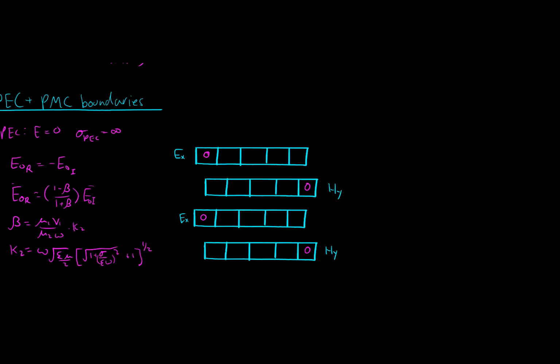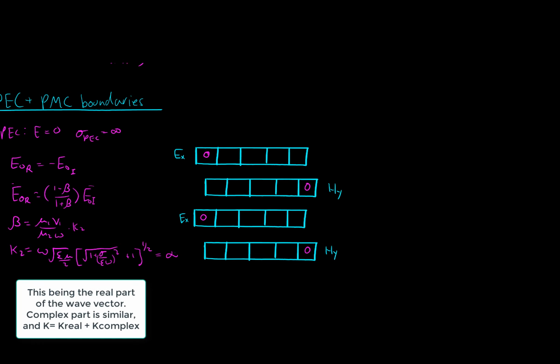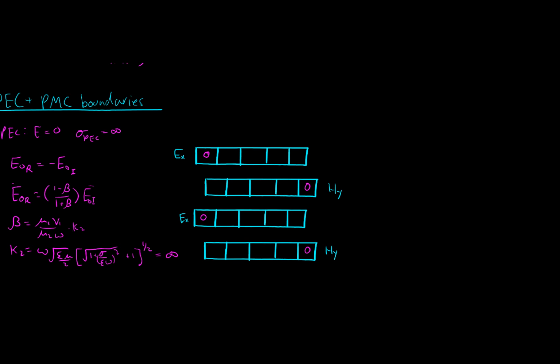Since sigma is infinite, this is going to be equal to infinity. Because k2 is equal to infinity, beta is also equal to infinity. Now, because beta is equal to infinity, you can see that the reflected field is equal to negative of the electric field incident. So now we know how a perfect electric conductor reflects the electric field.